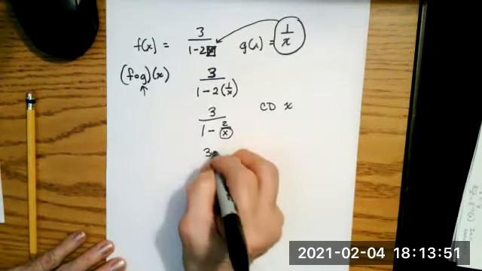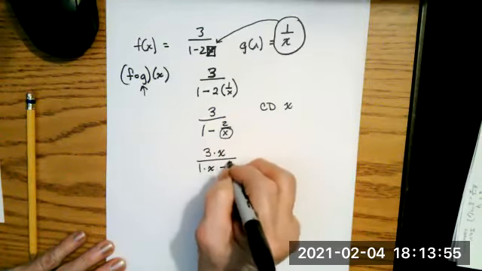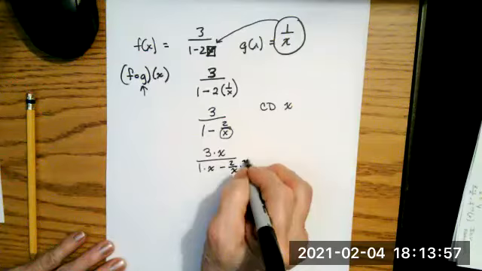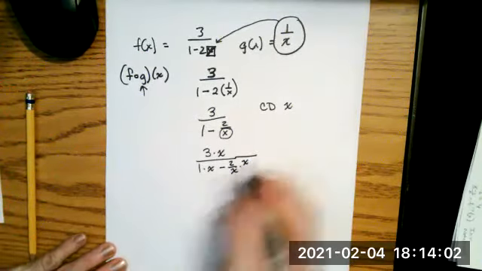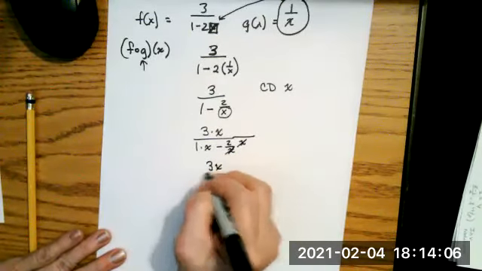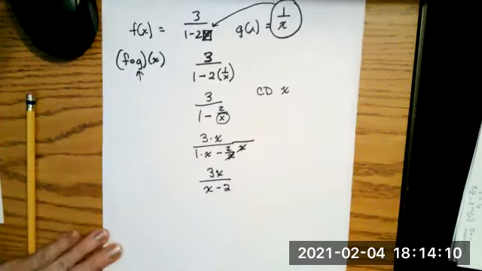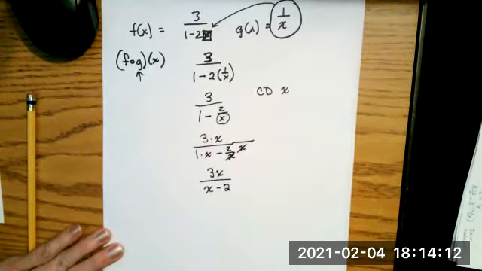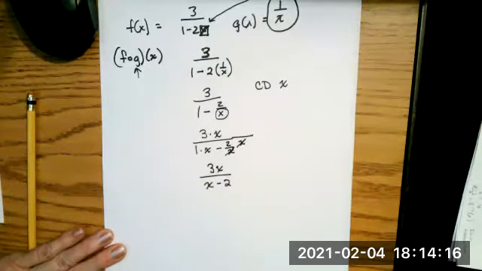So I say 3 times x, 1 times x, minus 2 over x times x. Now I cancel, and I have 3x over 1x is x minus 2. So that's my f composed with g.